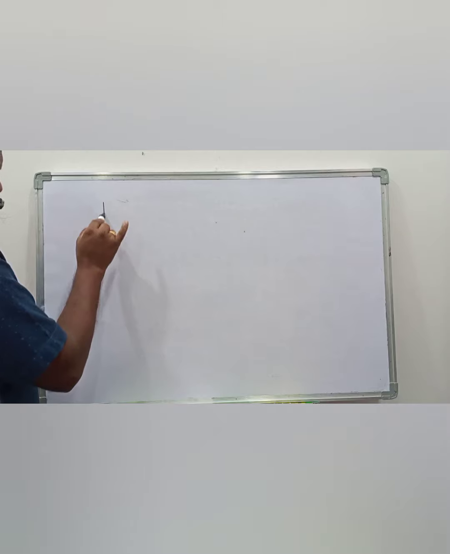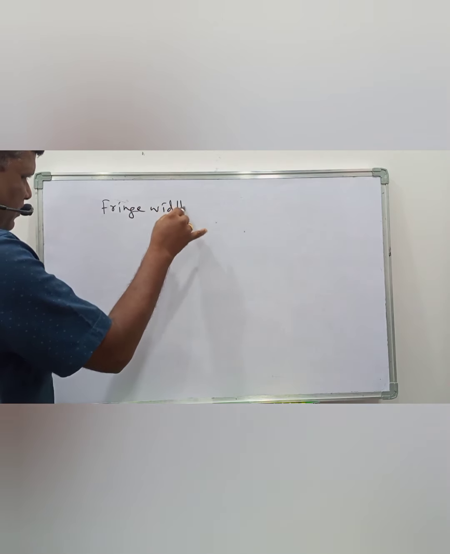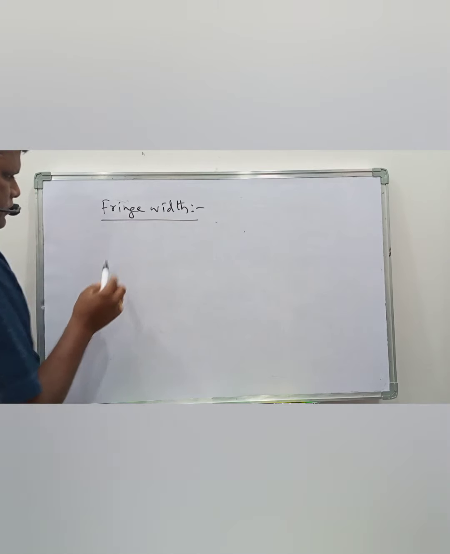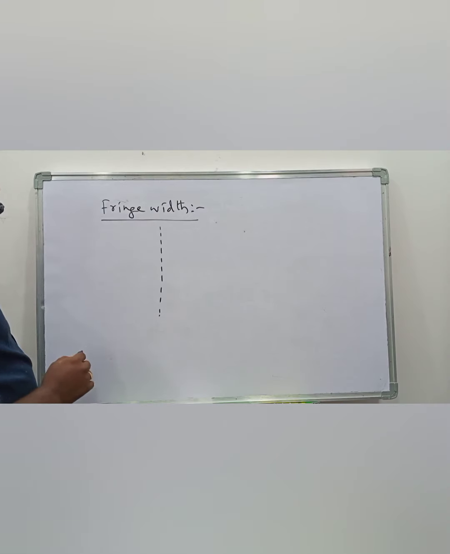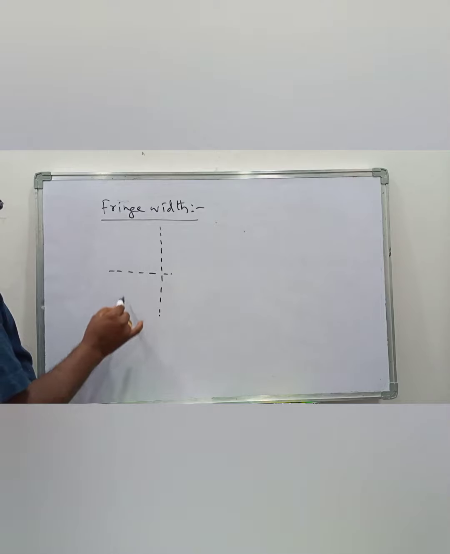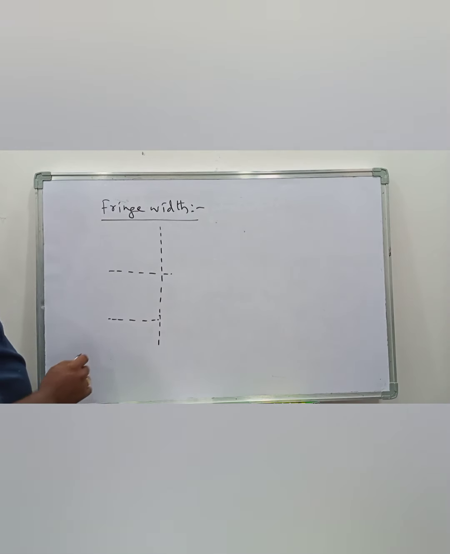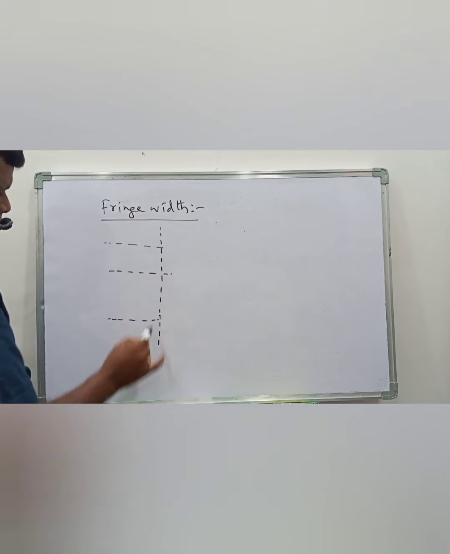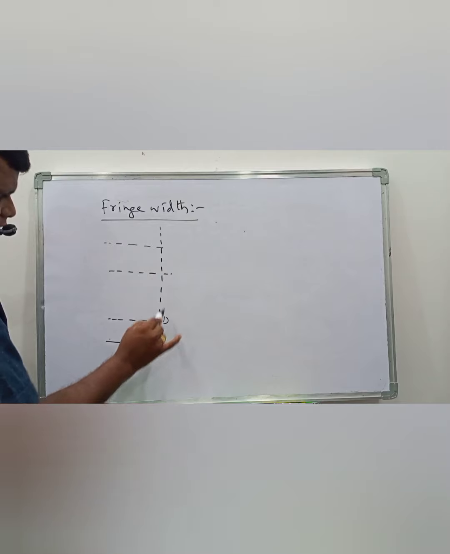Now I am giving the fringe width, the distance between two successive bright and dark fringes.